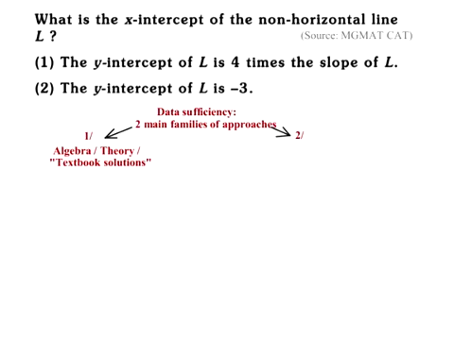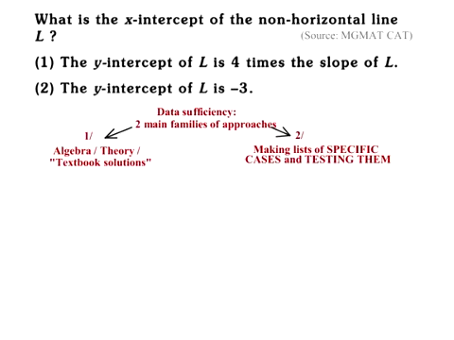Making lists of cases, specific cases, and testing them. There's an upside here and there's a downside here. The upside is that you should never really be at a loss for how to approach these problems, because there's pretty much two things you can do.